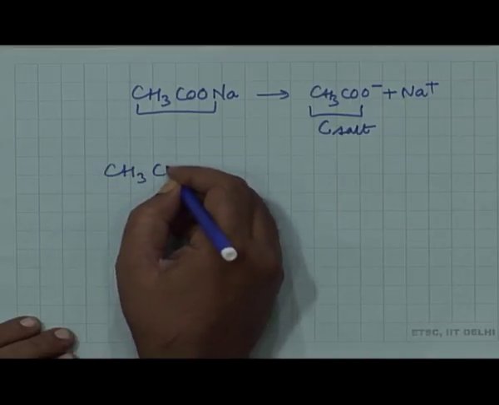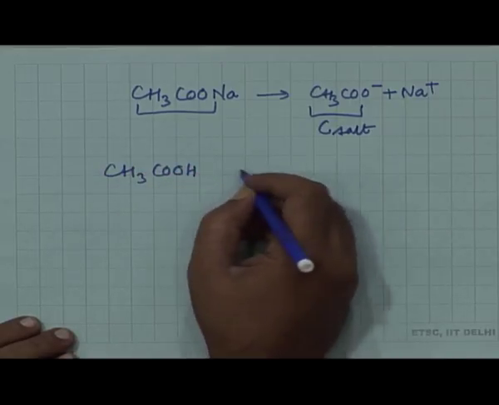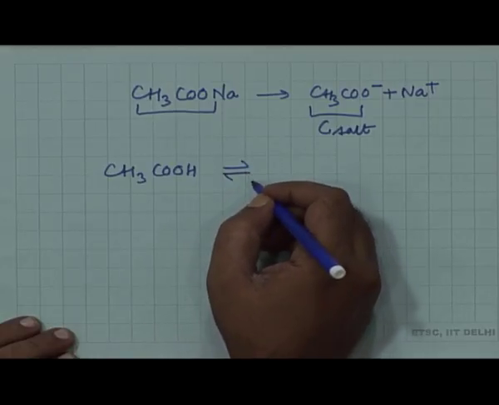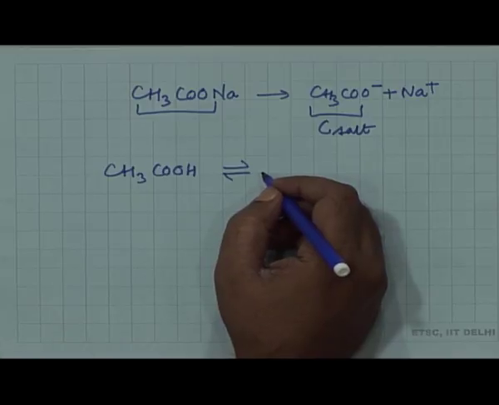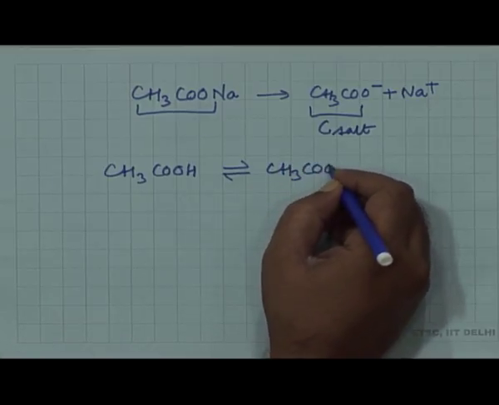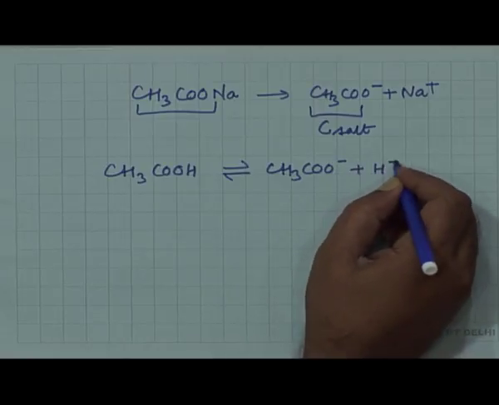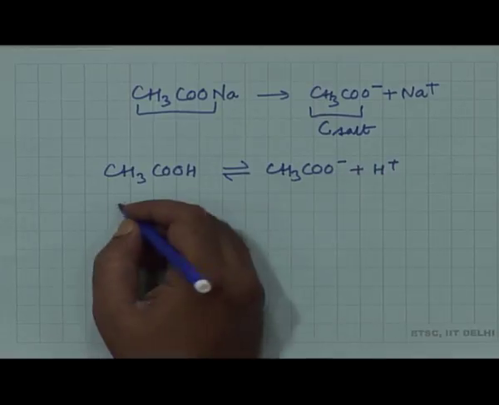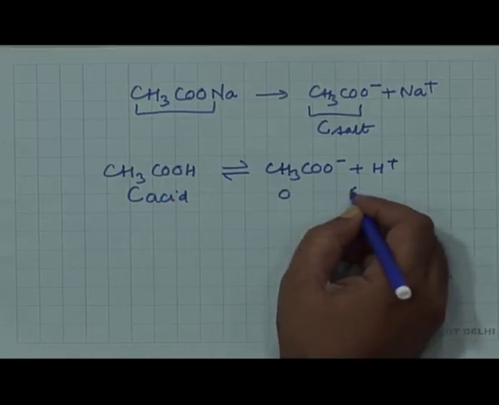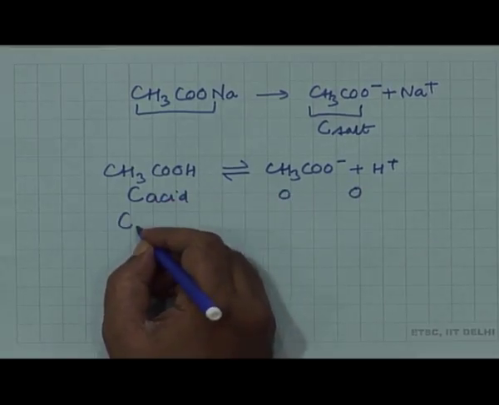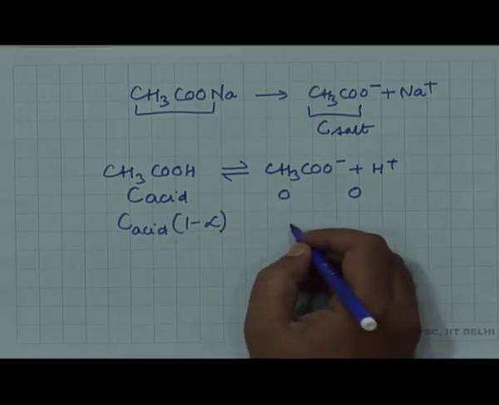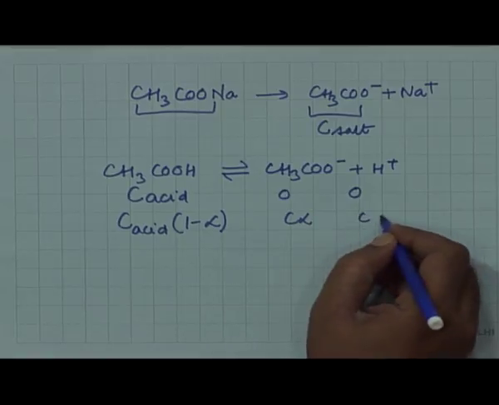Now, consider the dissociation of your weak acid. CH3COOH gives CH3COO minus plus H plus. If you start with C acid, 0, 0, then you can write C acid into 1 minus alpha, where alpha is the degree of dissociation, and you will get C alpha, C alpha.